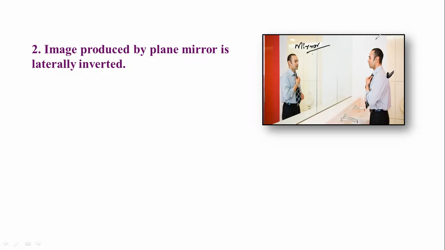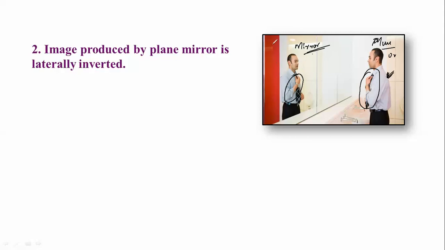When you observe this image, it seems to be holding his tie using the right hand. So this is the second thing: the image produced by a plane mirror is laterally inverted, which you will come to know later. I will study it one by one, part by part.